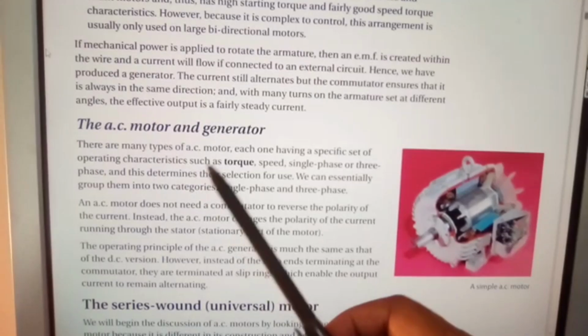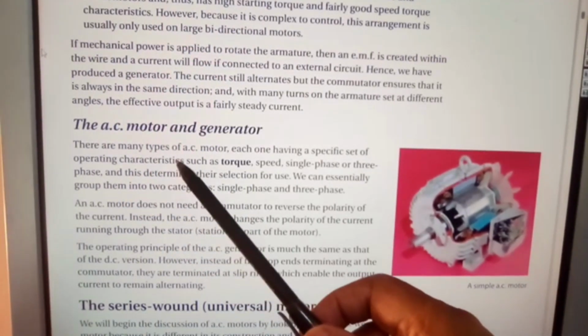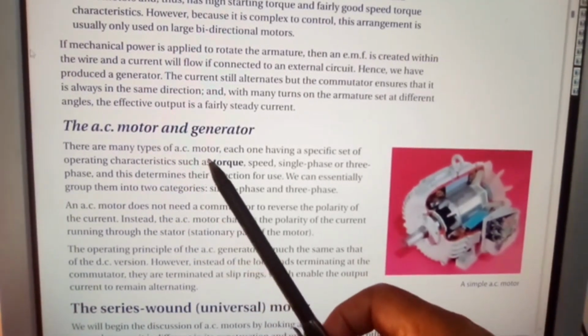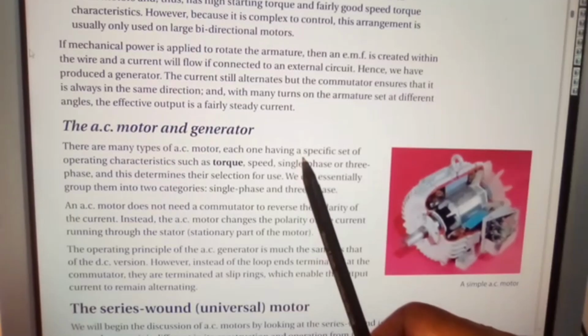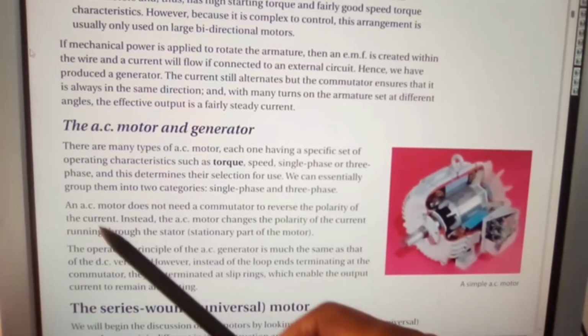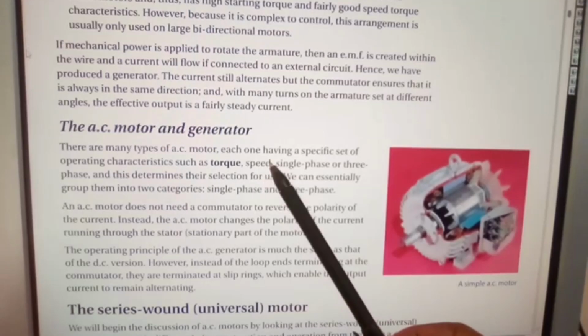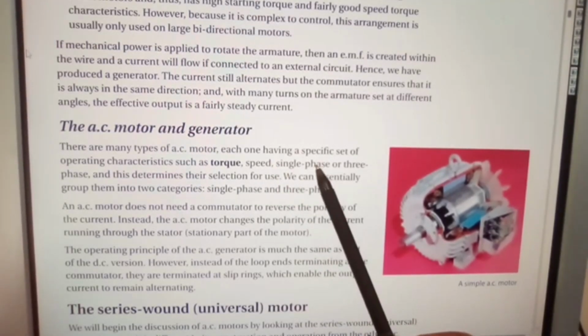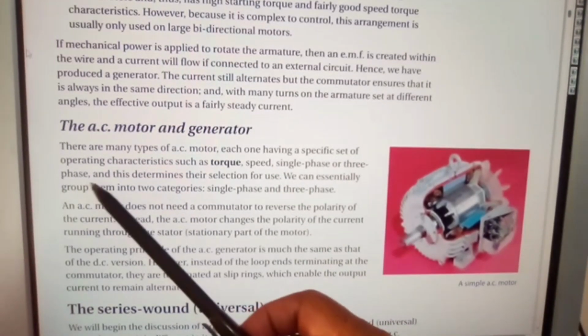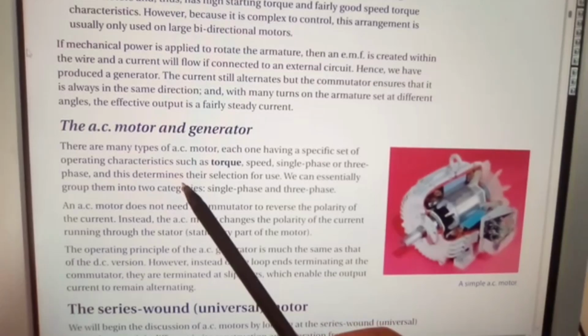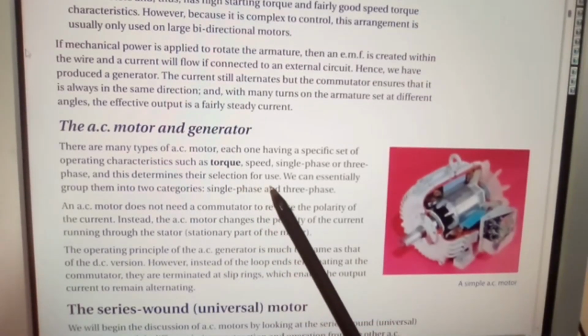The AC motor and generator. There are many types of AC motor, each one having a specific set of operating characteristics such as torque, speed, single phase or three phase, and this determines their selection for use.